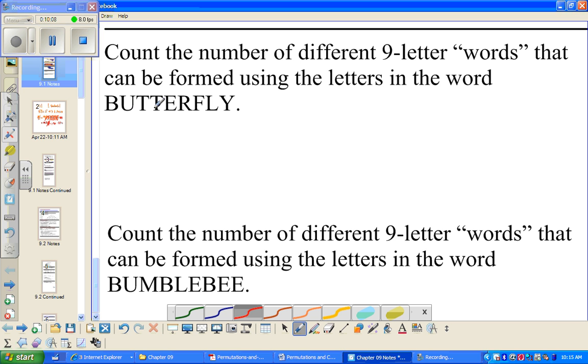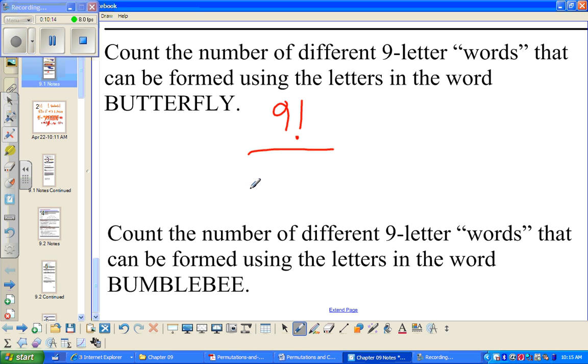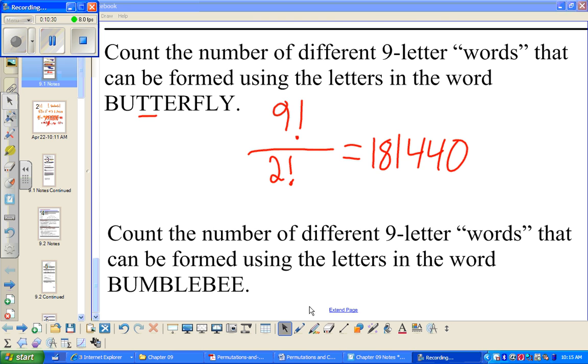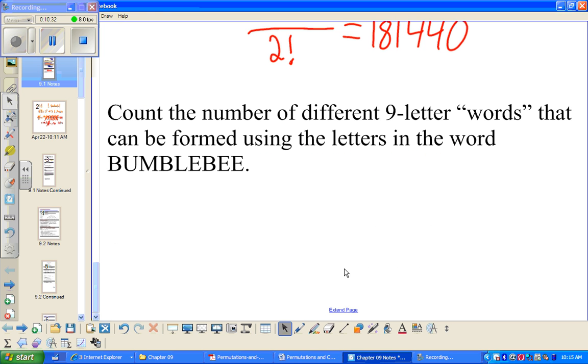So we've got 1, 2, 3, 4, 5, 6, 7, 8, 9. 9 factorial. But then you have to divide by how many times any letters repeat, factorial. So we've got 2 t's, which means I have to divide by 2 factorial. No other letters repeat, so that's going to give me the number of ways to rearrange all the letters in the word butterfly. If I had more letters that repeated, I would do the same type of thing.